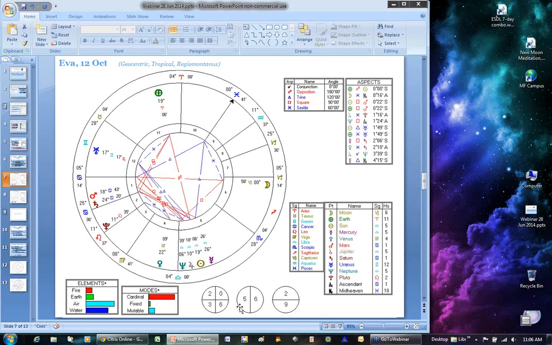Now, the other side, the right-hand side, is fairly evenly divided here between the two sides. It doesn't appear that way in everyone's charts, but it does in mine. So the right-hand side is known as the descendant side, and it is the receiver of energies.